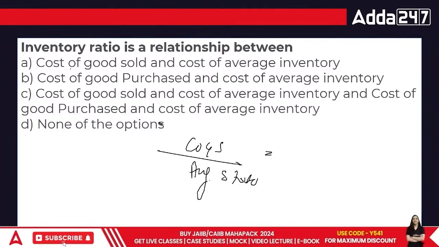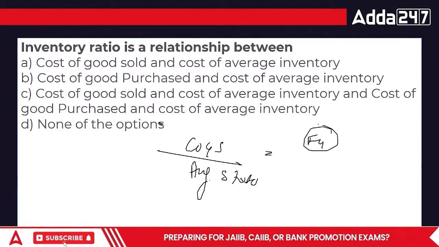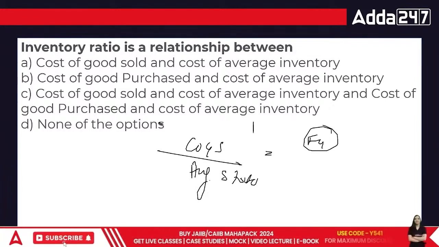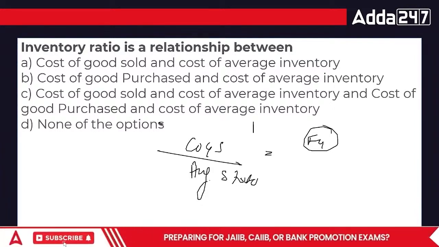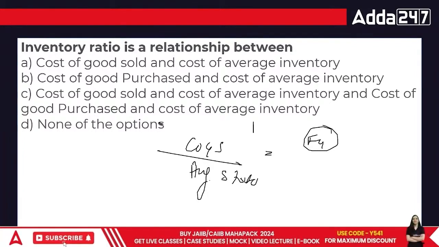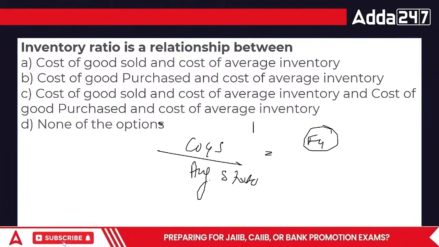When we talk about the area of inventory turnover ratio, it talks about whatever finished goods you are preparing, starting from raw material to finished good. The options are cost of goods sold and average inventory, or cost of goods purchased and average inventory.